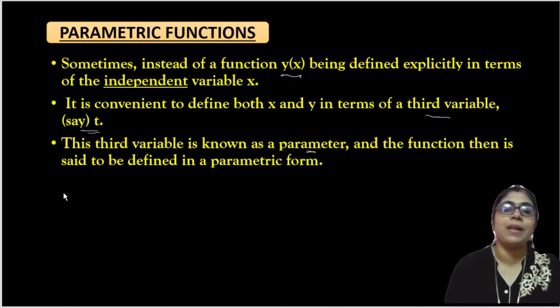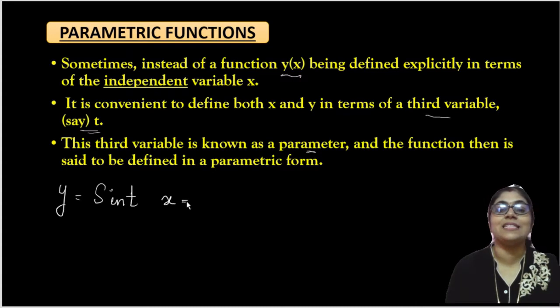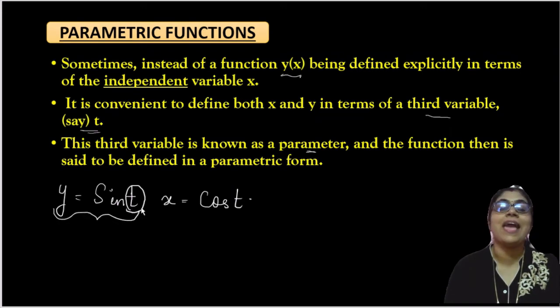For example, if y equals sin t and x is equal to cos t. Now, y is not in the form of x. The dependent variable is not dependent on x.